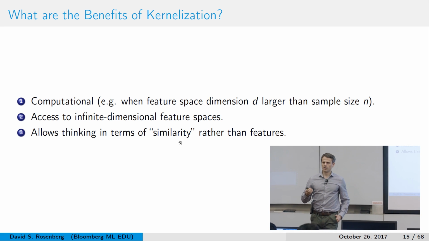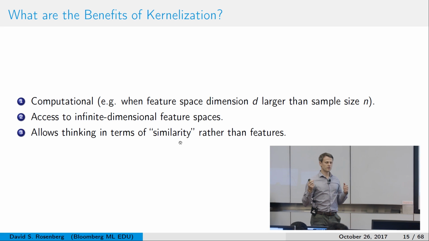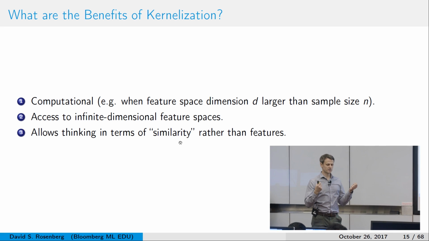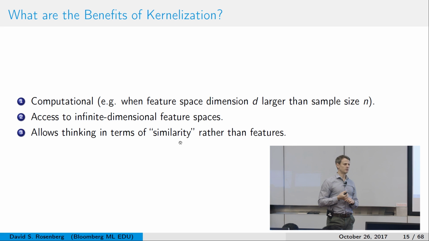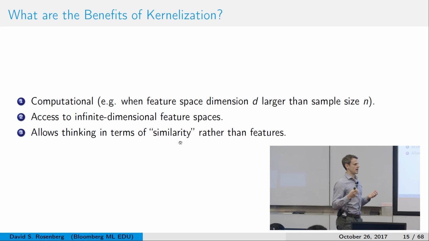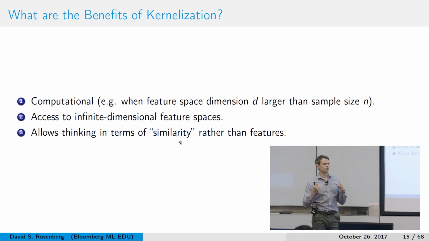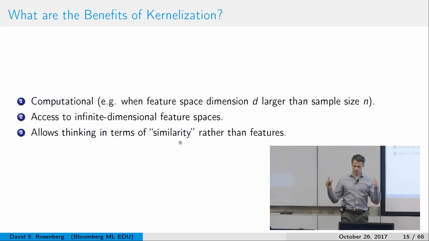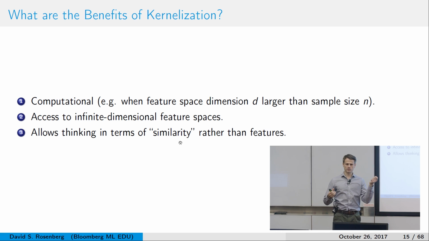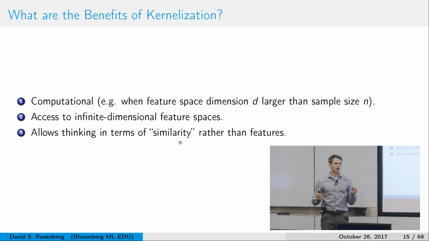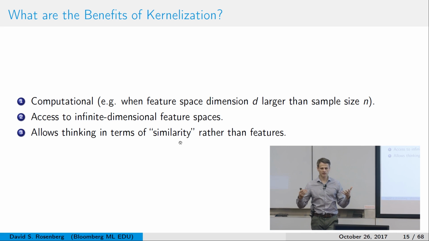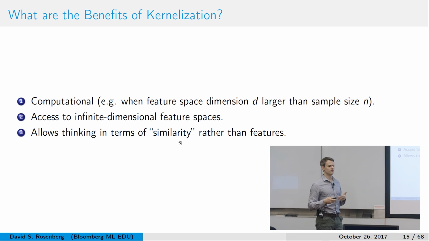You can also start thinking in terms of similarities, thinking about how I would like to evaluate the similarity between two inputs from the input space, rather than thinking explicitly about what's a good featurization of the input. It's an alternative way to think about it. Usually, you have your input, and you say, how do I extract the useful features? And I make a feature vector. This will give us an alternative approach where you say, all right, here are two inputs. How am I going to score the similarity? And it allows us to work with similarity scores rather than feature vectors directly.